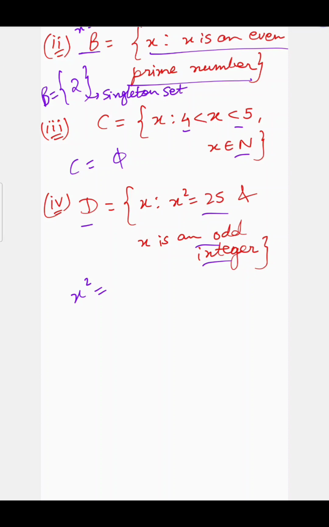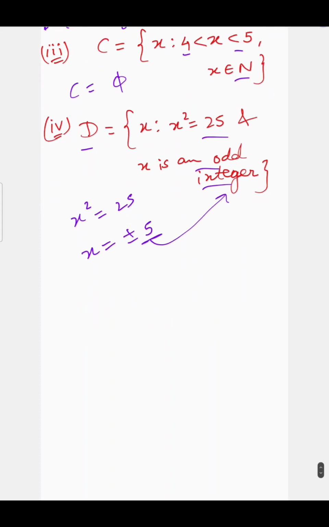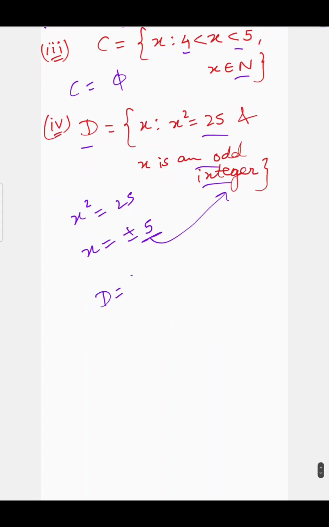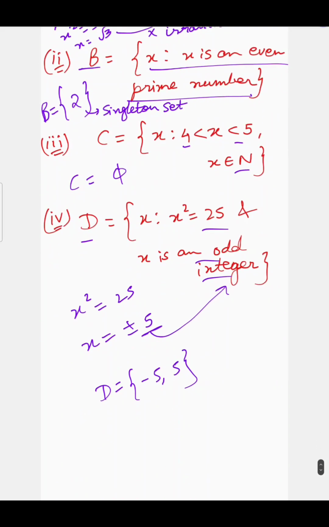This question. x squared is equal to 25. That means x is equal to plus minus 5. And plus minus 5 is an odd integer. No problem is there. So that means D will be {-5, 5}. So it is not empty.